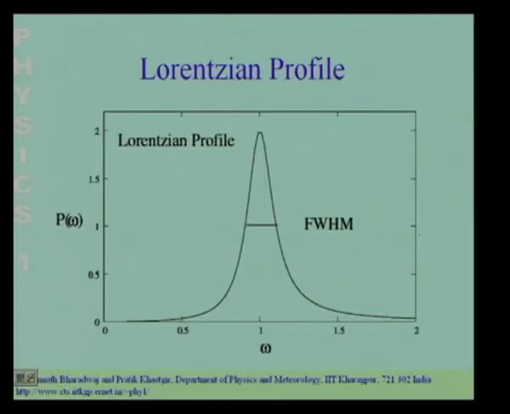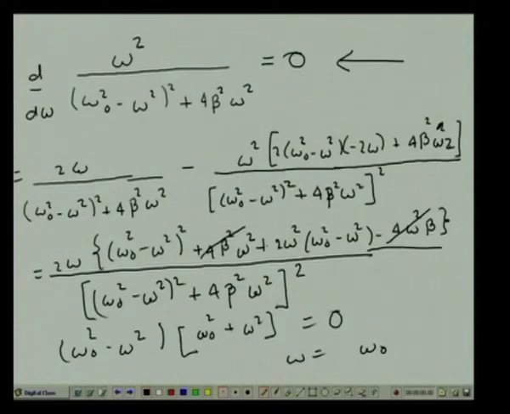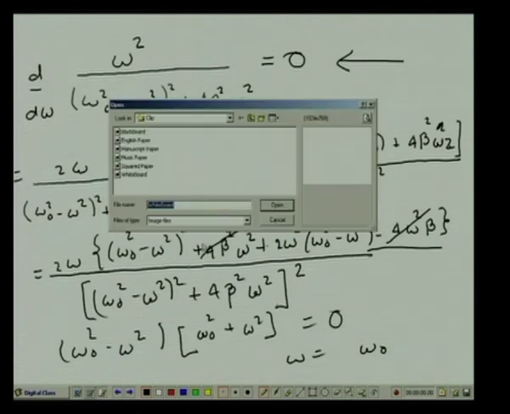We found that the average energy has a peak at omega equal to omega naught square minus 2 beta square, and the average energy falls off if you have a driving force which differs from this value of omega.